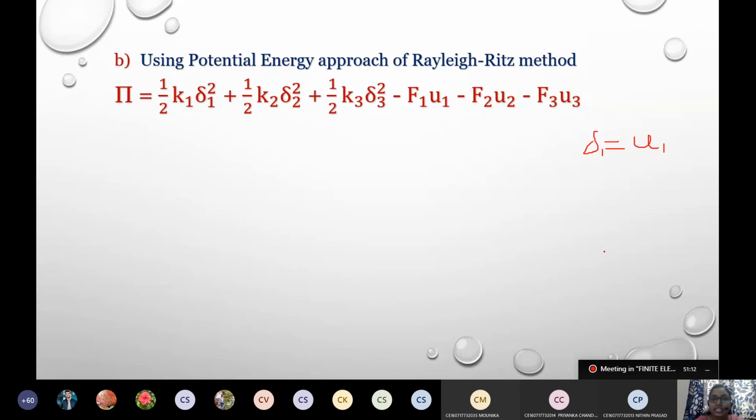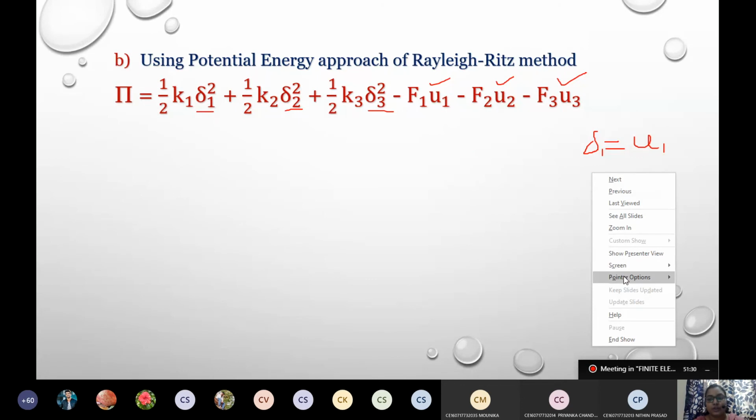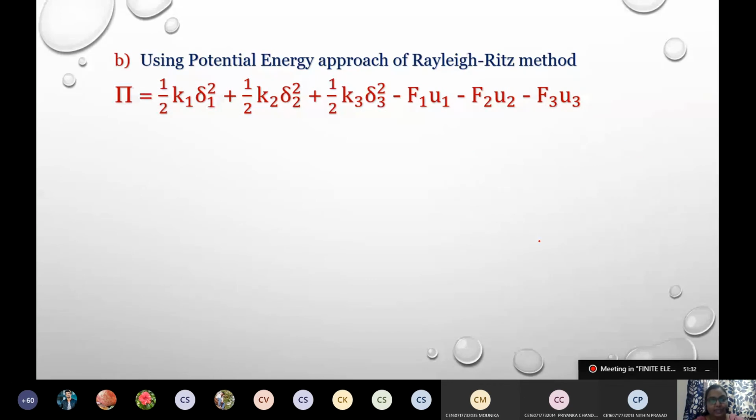All right. Displacements always happen at the nodes. Right. So here, whatever the delta terms we have, those delta terms have to be written in terms of U1, U2 and U3 because we already have them. All right. So what you have to do after doing that, we have to do the partial differentiation with respect to the individual displacements.